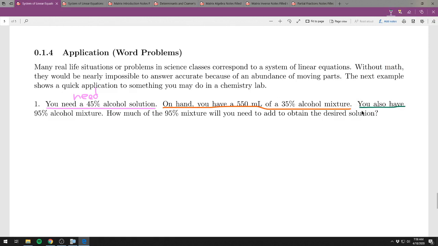And you also have 95% alcohol mixture. And I'm guessing the way the problem's set up, they're saying you have as much 95% alcohol mixture as you need. The question is, how much of the 95% mixture will you need to add? And they're saying, well, you need to add to this 35% mixture, 550 milliliters, to get the desired solution.